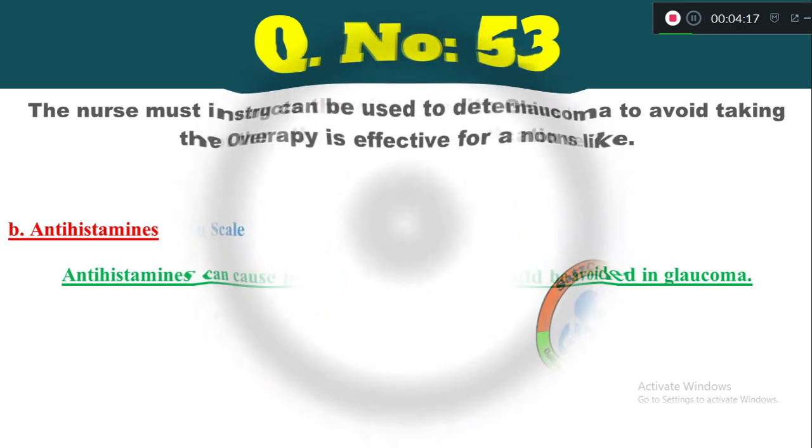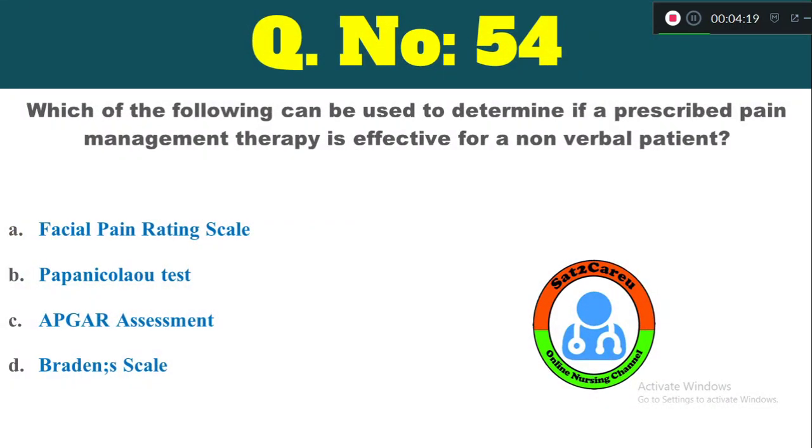Question number 54. Which of the following can be used to determine if the prescribed pain management therapy is effective for a non-verbal patient? Option A, facial pain rating scale. B, Pap smear test. Option C, Apgar assessment. Option D, Braden scale.